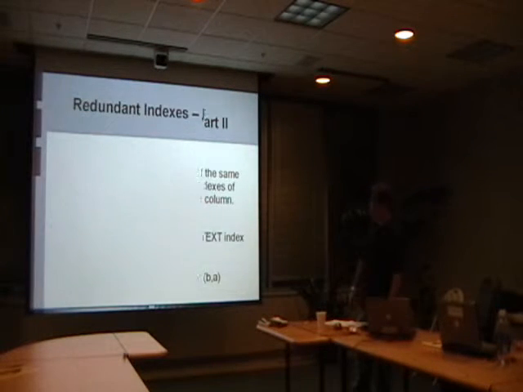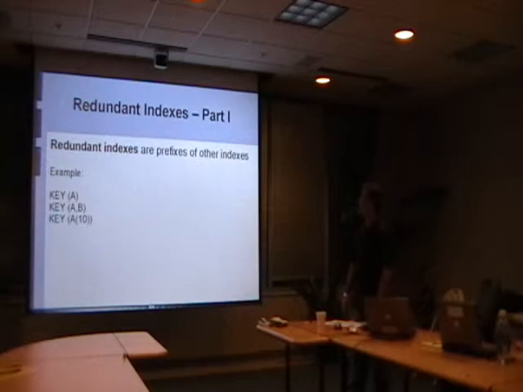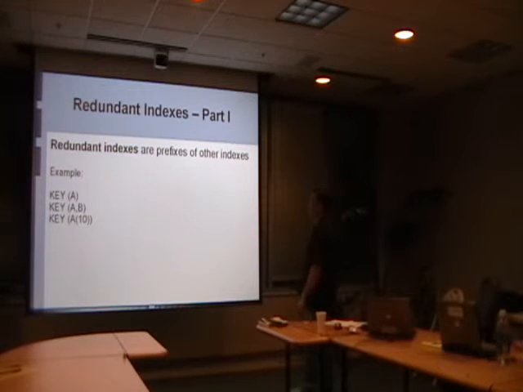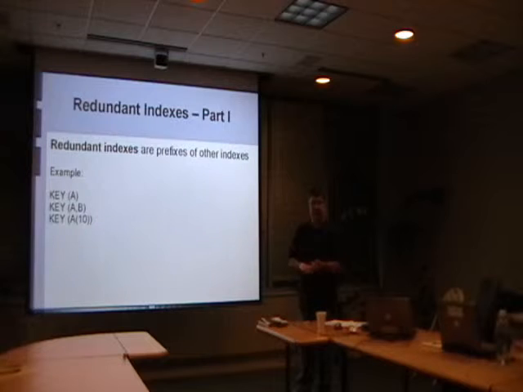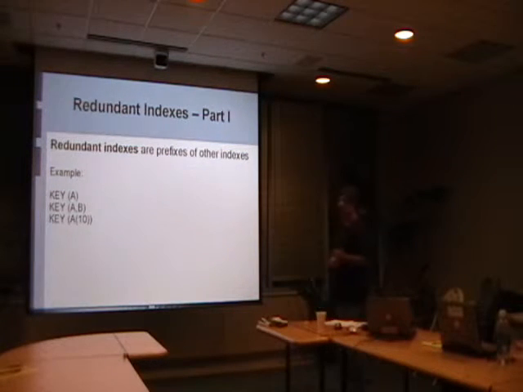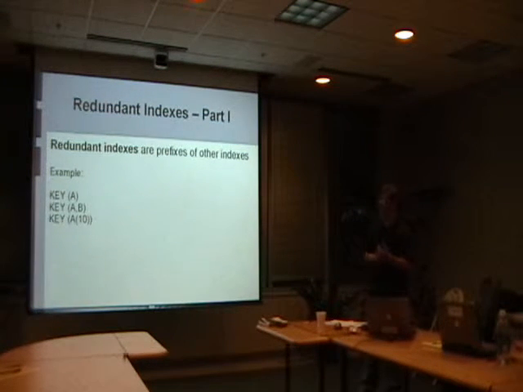A redundant index is kind of similar to a duplicate index, but they're prefixes of other indexes. In this case, we've got key A. So that's your first index, right? Key AB, that's your second index, and key A10. What that means is it uses the first 10 characters in that column, okay?